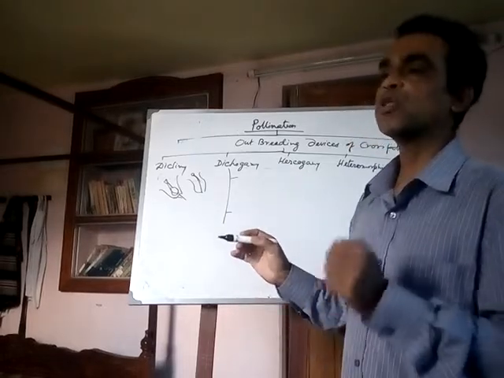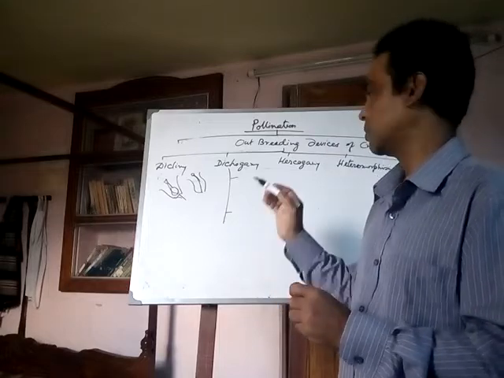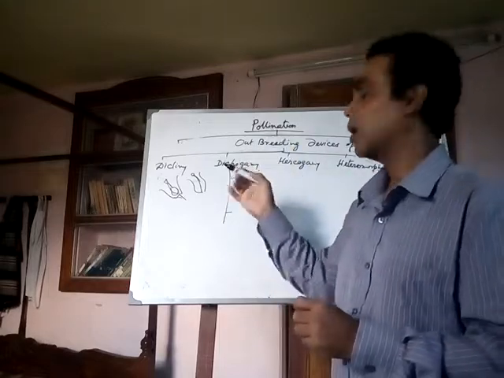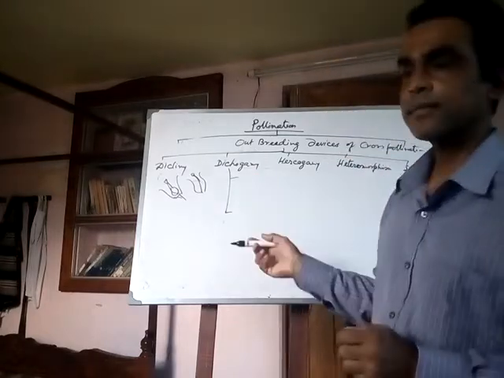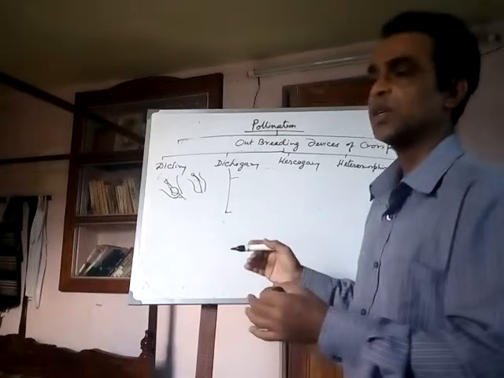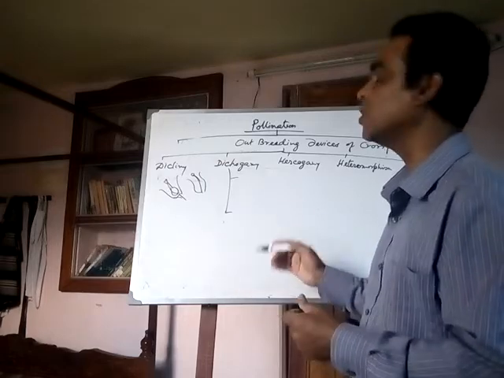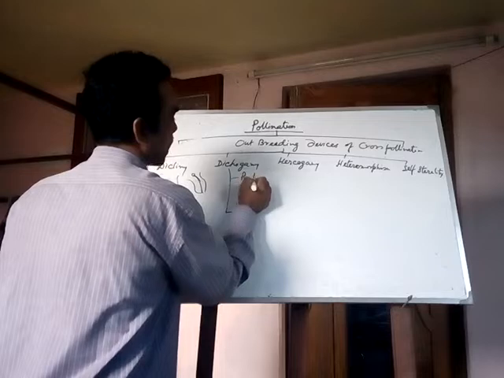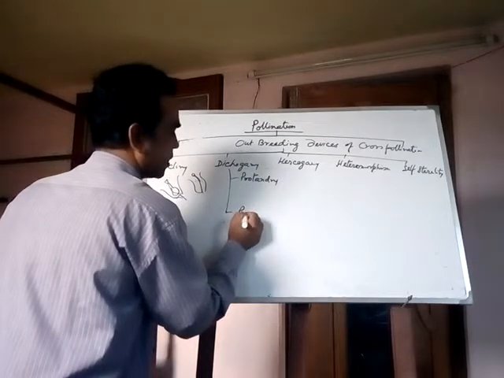When the maturation of the androecium is later, it is called protogyny, and when the maturation of the gynoecium is later and the androecium is faster, it is called protandry. Protandry and protogyny.